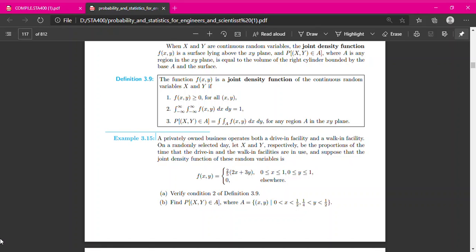So today we proceed with the next topic, which is the joint density function for the continuous random variables x and y.